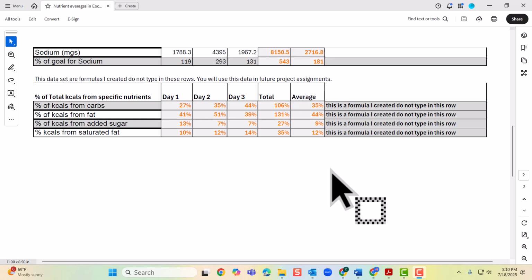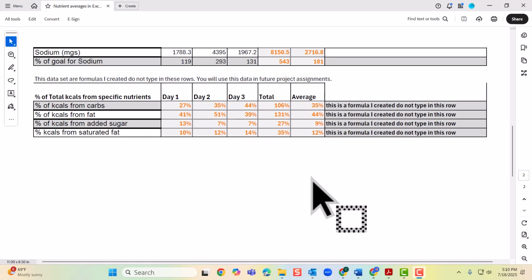Did I have too much? And then what do I need to do to make those improvements? So that means you're going to have to know, what are carbohydrates? What are healthy carbohydrates? This is all from your book, from our lectures. So when you're analyzing, you're incorporating everything you've learned from all of your readings in the textbook as well as the Canvas course. Same with fat.